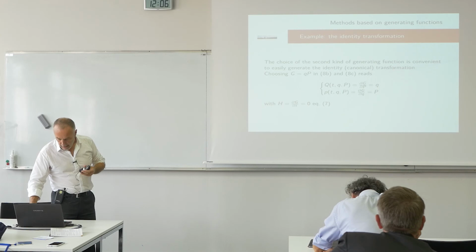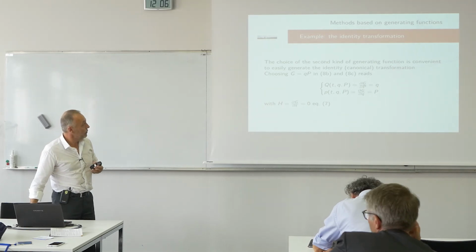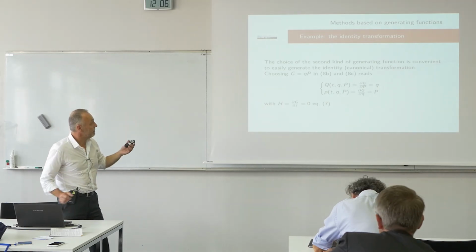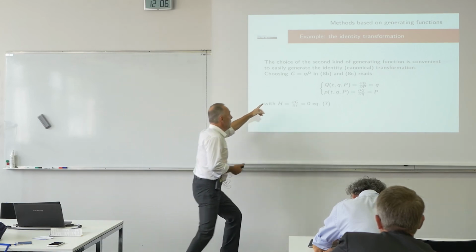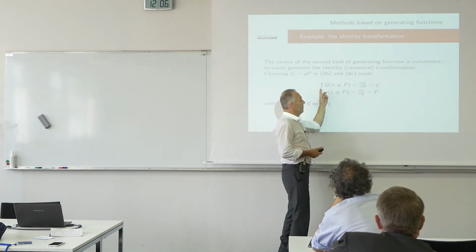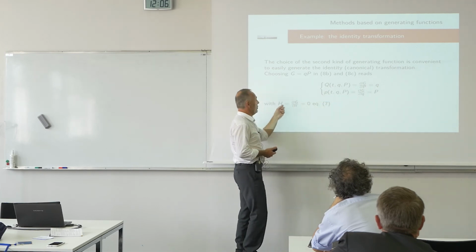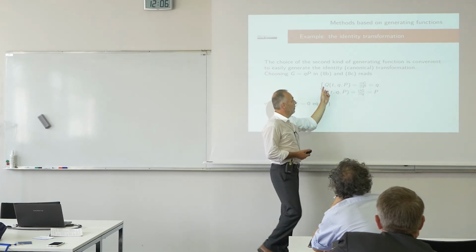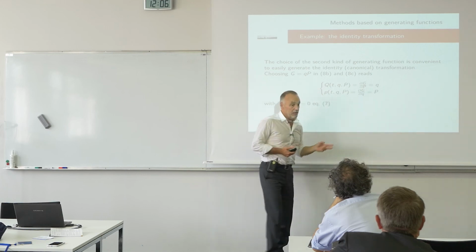So the main idea is to start from generating functions that we can write like this. When you use this generating function, you do nothing: H is 0, and the change of variable is simply the identity.